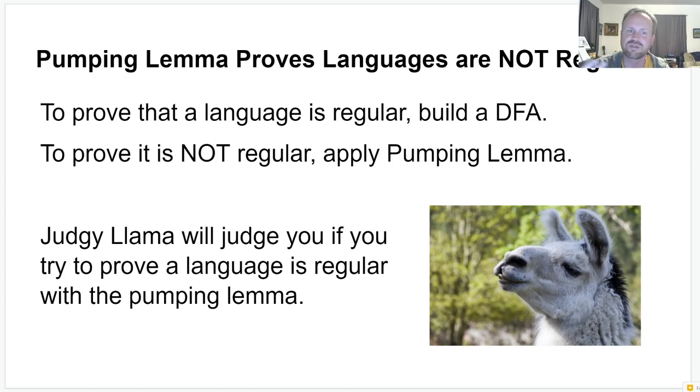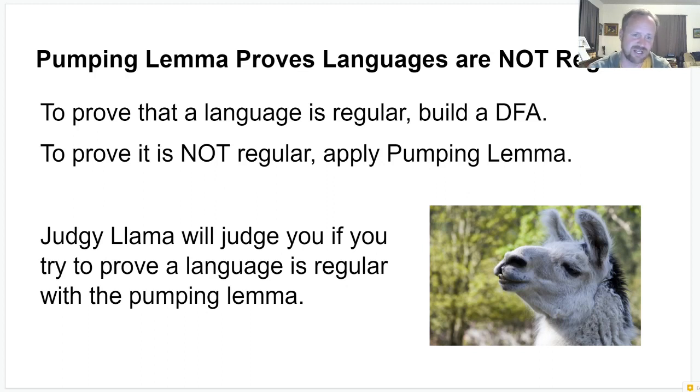In order to prove that it's regular, we would build a DFA, and that would show that it is regular. When we can build a DFA, it proves set membership. However, what the pumping lemma does is it proves that it's not a member of that set. It proves that it is outside of that circle of regular languages in our standard language diagram.